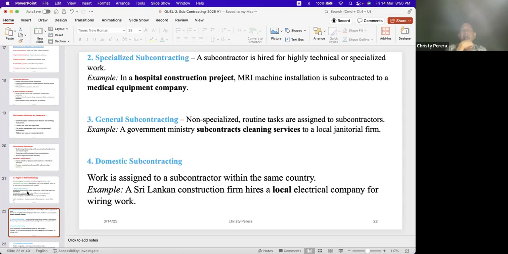A subcontractor is hired for highly technical or specialized work. Example, in a hospital construction project, MRI machine installation is subcontracted to an expert medical equipment company. Otherwise, you can't do that.